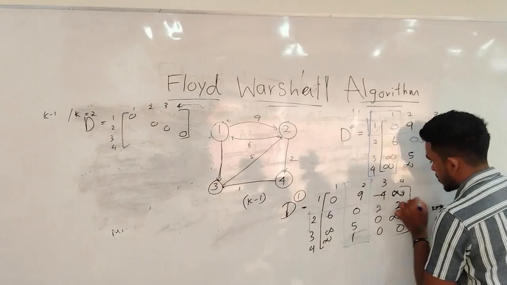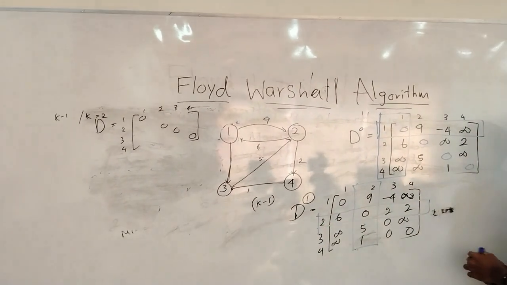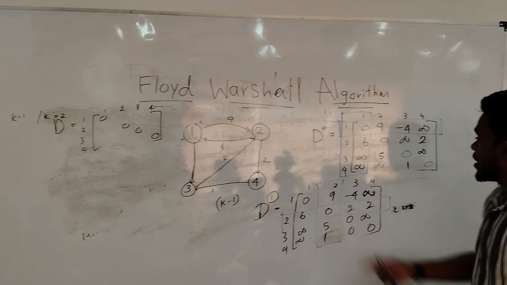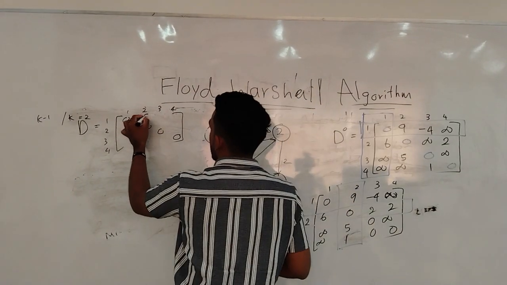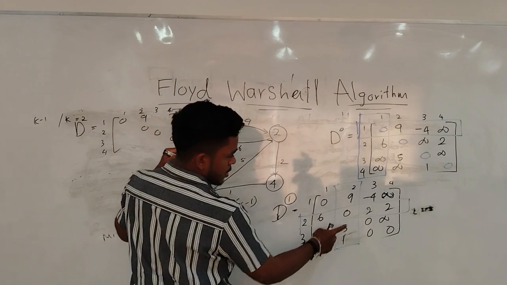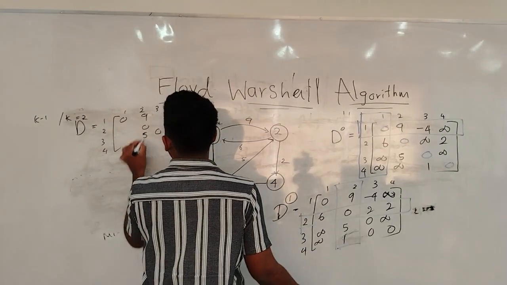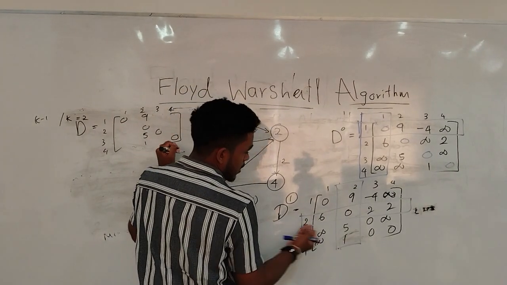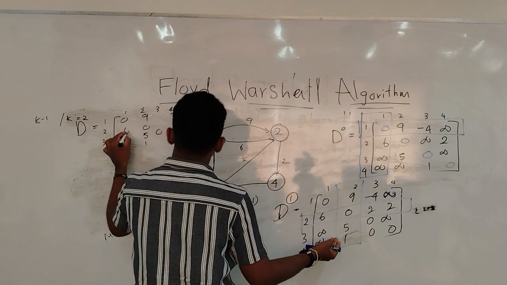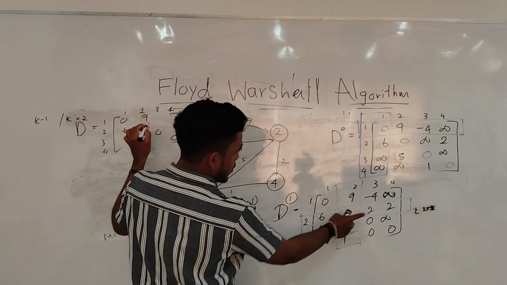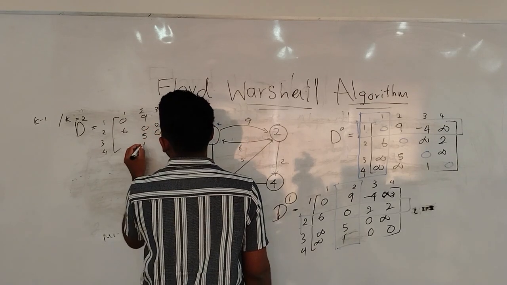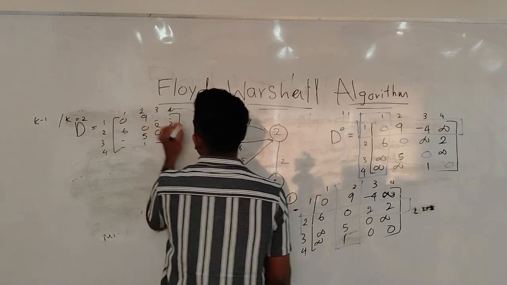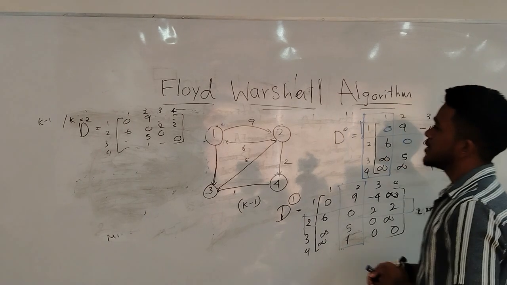So we have 9, 5, 1. Then row wise we have 6, 0, and 2. Then we need to complete the rest of this as previously.